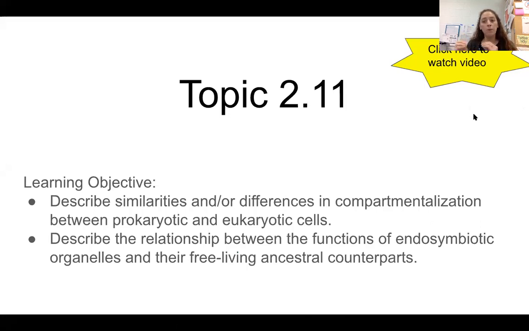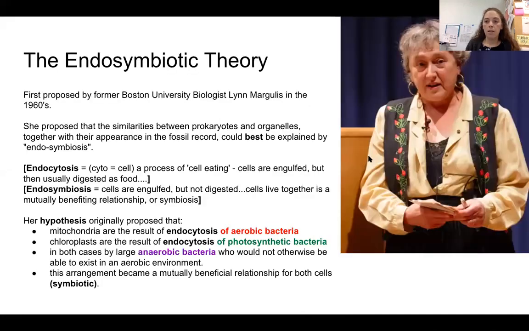Enzymes that they need for photosynthesis or cellular respiration are all going to be on their outer plasma membrane. But those prokaryotes and those enzymes on their outer cell membrane did give rise to our mitochondria and our chloroplasts.